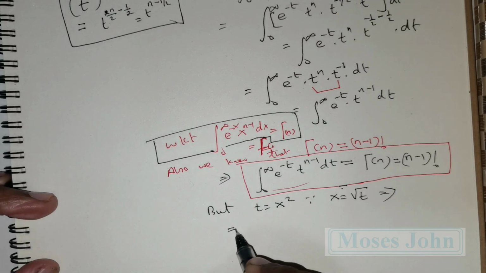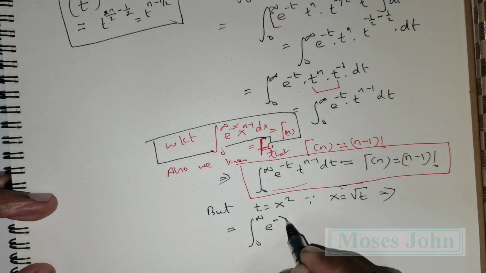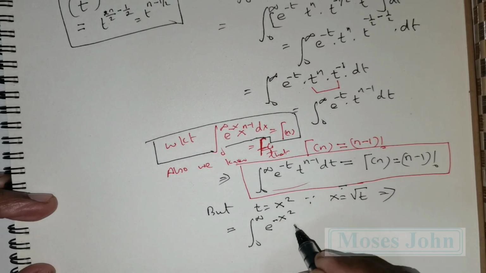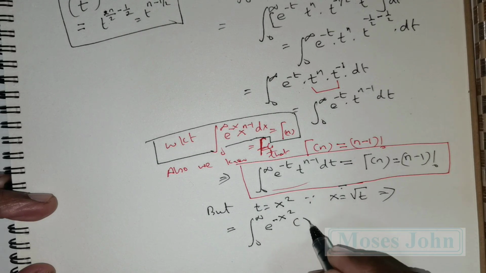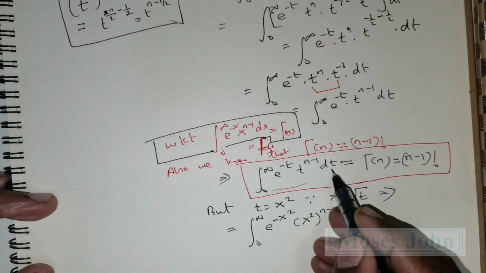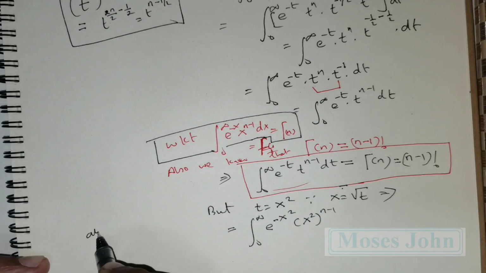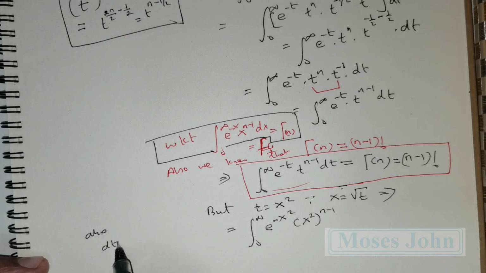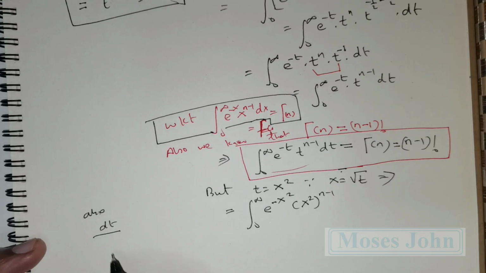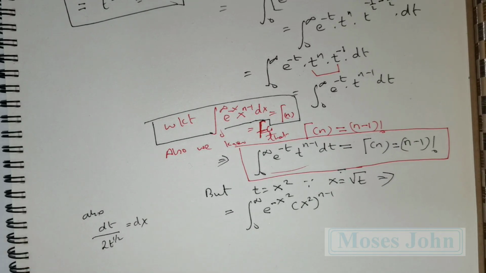This is going to be equal to the integral from 0 to infinity of e raised to the power negative x squared times x to the power 2 raised to the power n minus 1 times my dt. So my dt is going to be equal to, we also got dt divided by 2 times t power half is equal to dx.